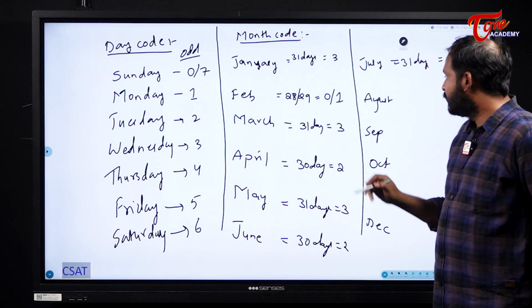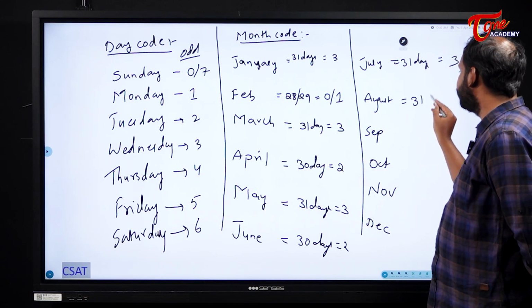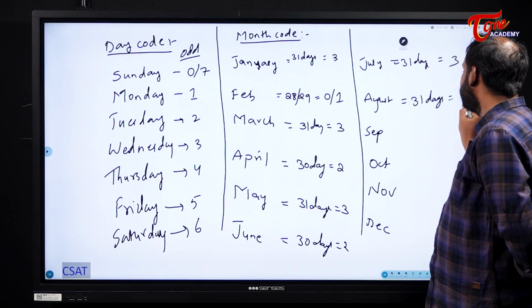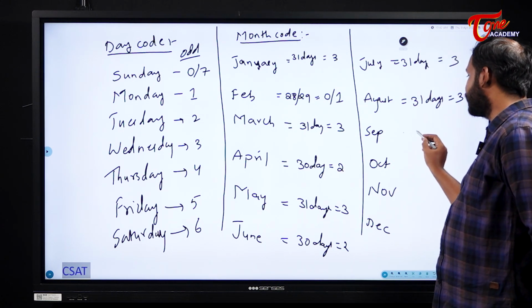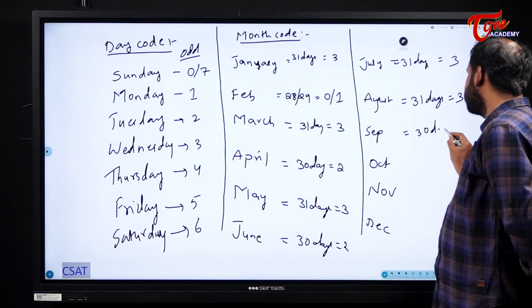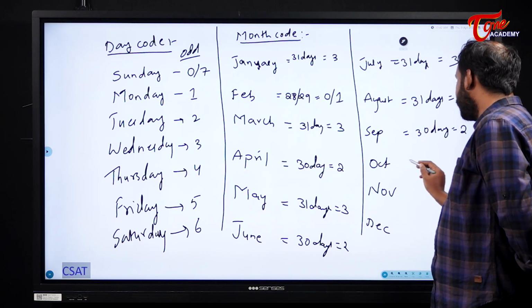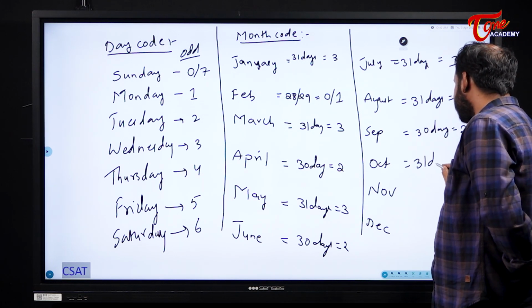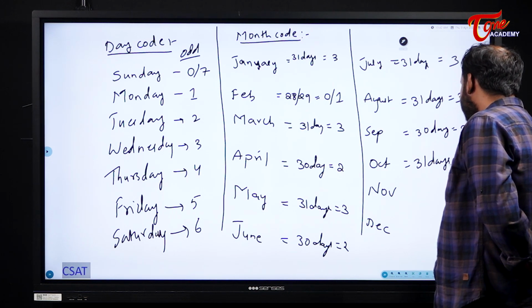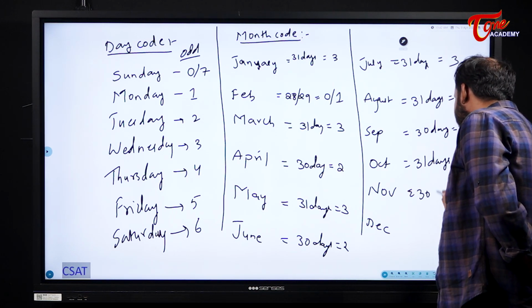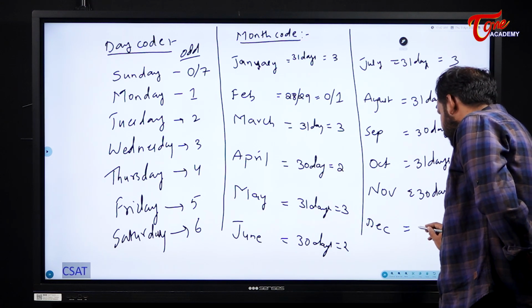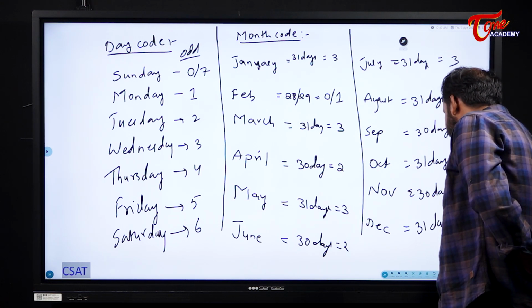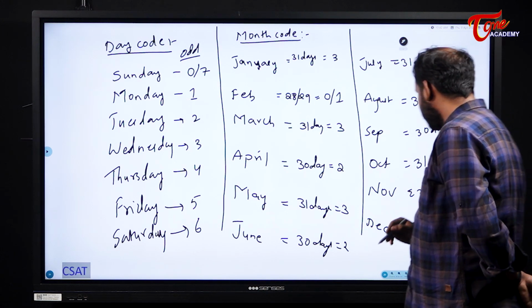August also 31 days. We all know July and August have 31 days each, so please be careful. September 30 days, 2 days. October 31 days, 3 days. November 30 days, 2 odd days. December 31 days, 3 days.